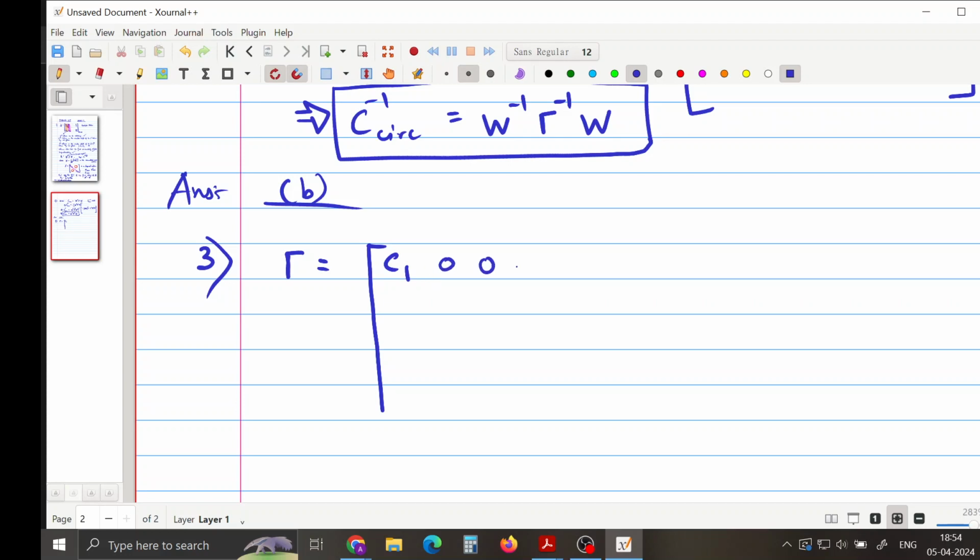So tau is here given in this form. I'll quickly write it.